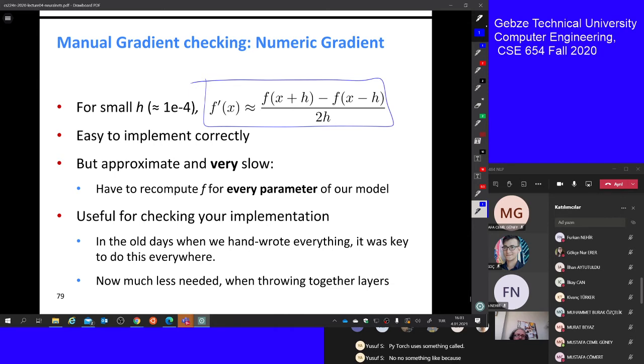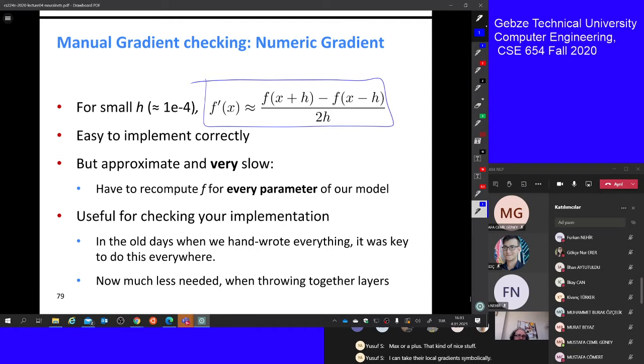Because all of my nodes are analytically defined nodes, right? It is either multiplication or max or plus, that kind of nice stuff. I can take the local gradients symbolically.